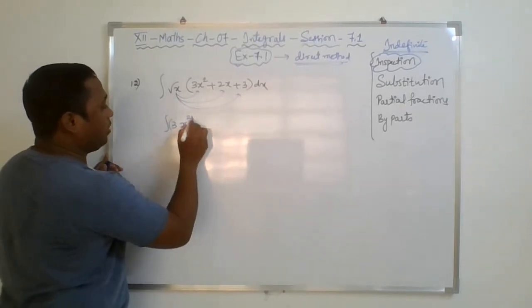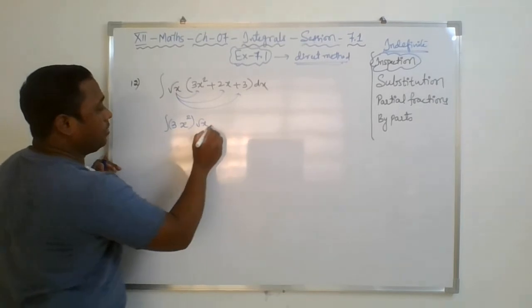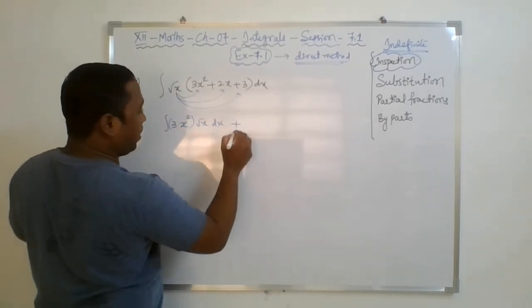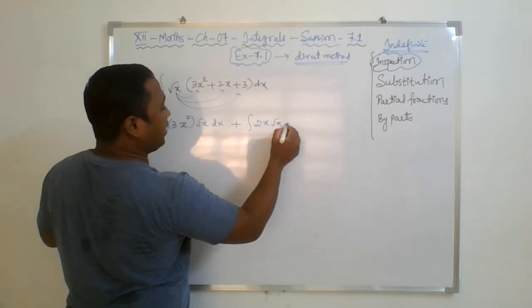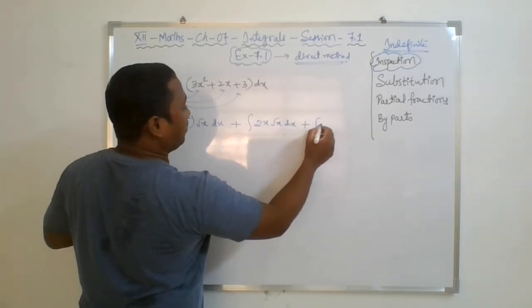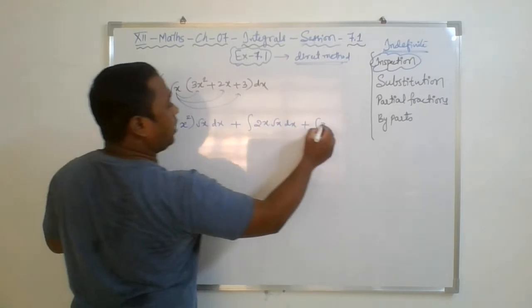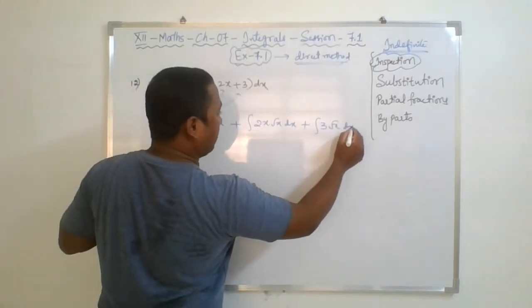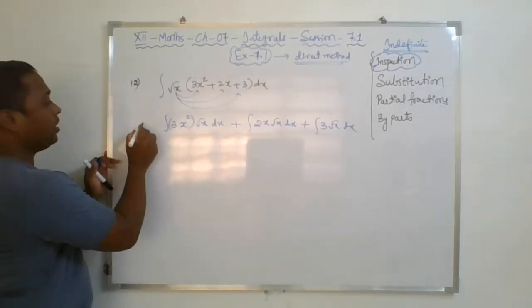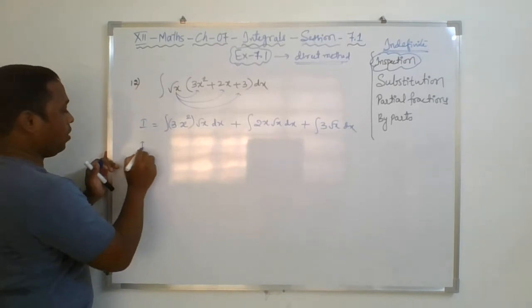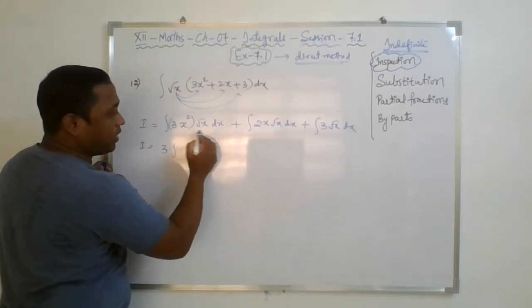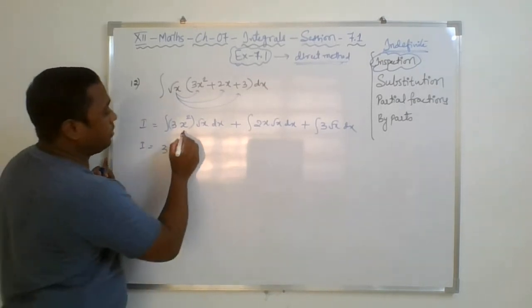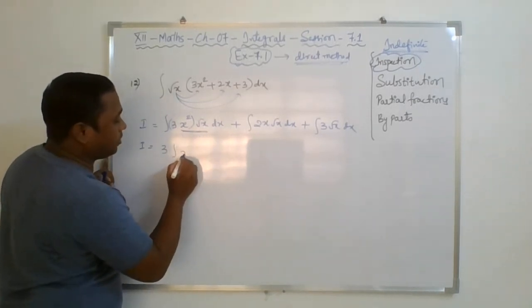3x square into root x dx plus integral of 2x into root x dx plus integral of 3 into root x dx. This is I equal to. Now keep the constant outside, and root x means x to the power of 1 by 2, and since they are in the product their powers are added.